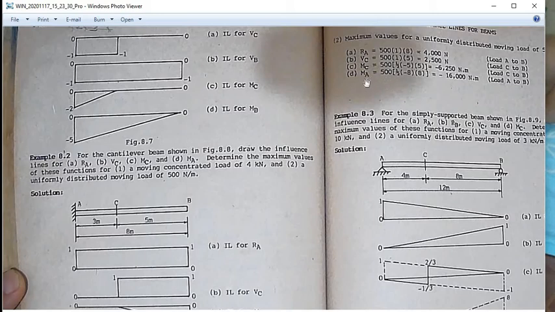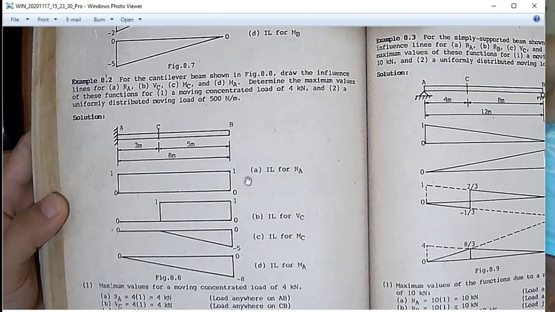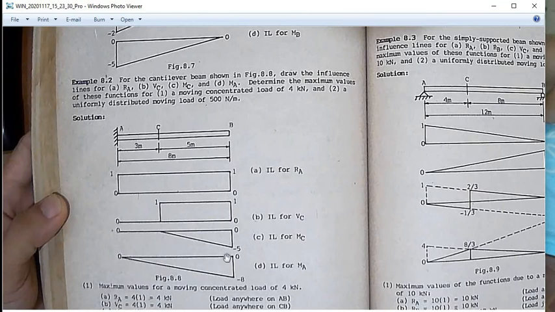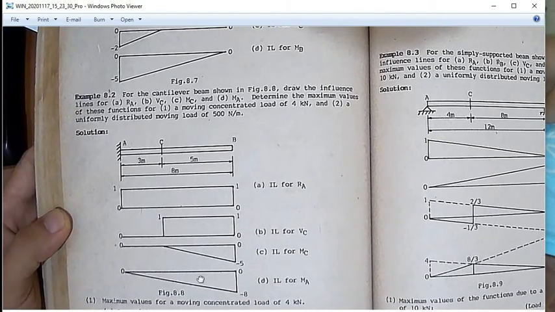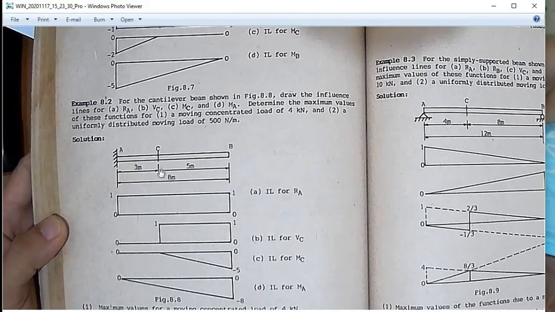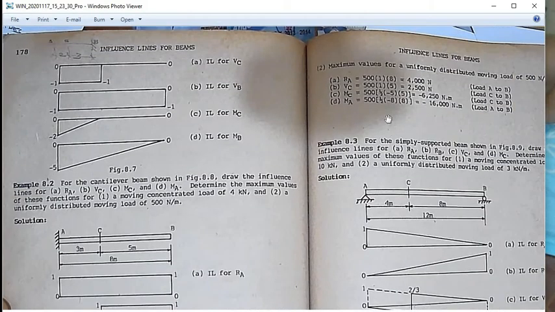Tapos next, moment at A naman. So, pinuno natin yung entire 8 meter length ng 500. So, 500 times 8 multiplied by the lever arm na 1/2 nung 8. And that will give you negative 16,000 Newton meter.